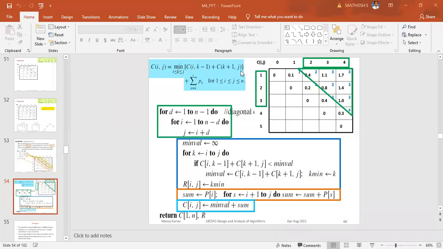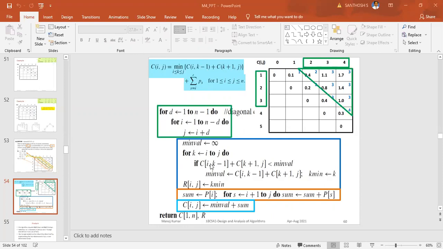So i is first, j is last, and in between you get k minus 1, k plus 1, plus the sum of the probabilities. For d ranging over the diagonal elements, d goes from 1 to n minus 1, i goes from 1 to n minus d, and j is i plus d. This is the value we have taken.